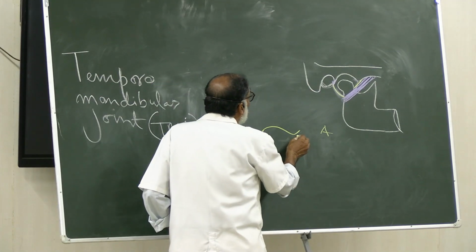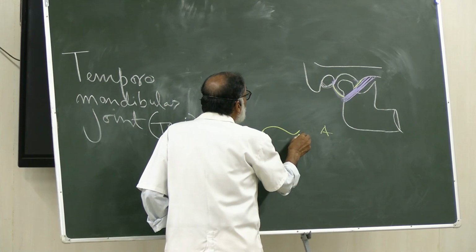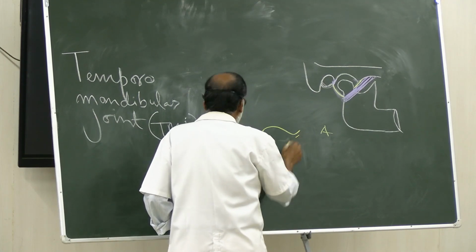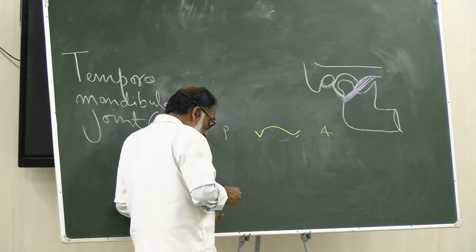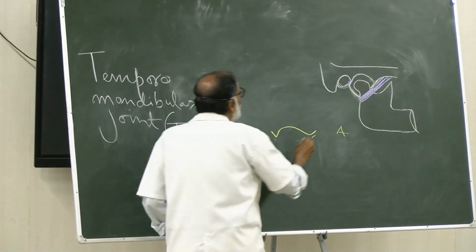Now, the fibrocartilage is dividing this joint cavity into two parts.